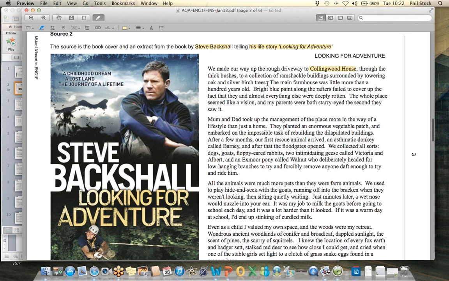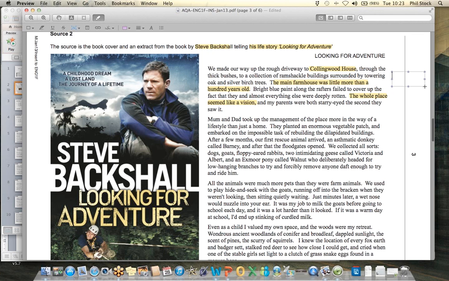The main farmhouse was a little more than 100 years old. Bright blue paint along the rafters failed to cover up the fact that they, and almost everything else, were deeply rotten. The whole place seemed like a vision, and my parents were both starry-eyed the second that they saw it. Okay, so this paragraph clearly has something to do with this place called Collingwood House. So it's an old house.